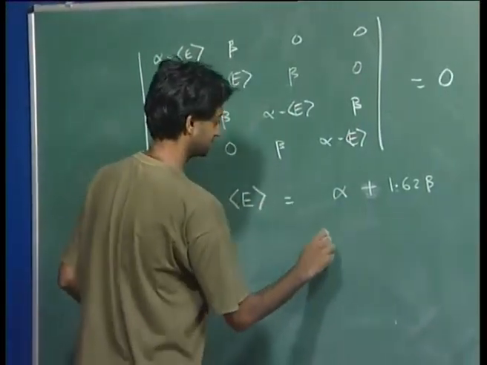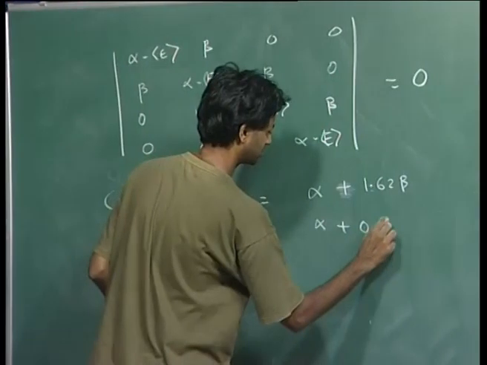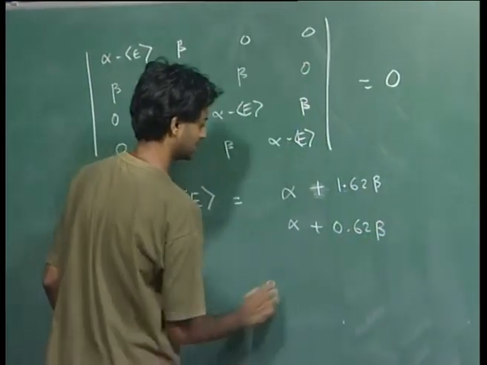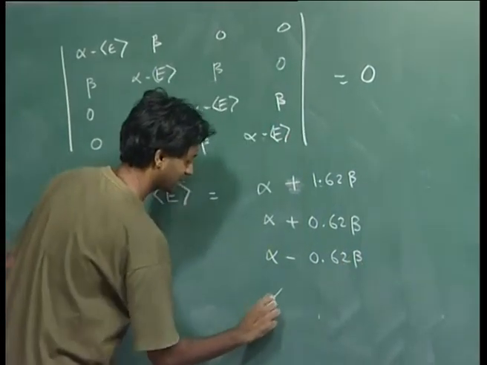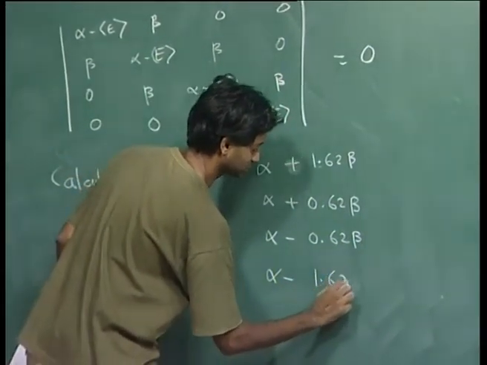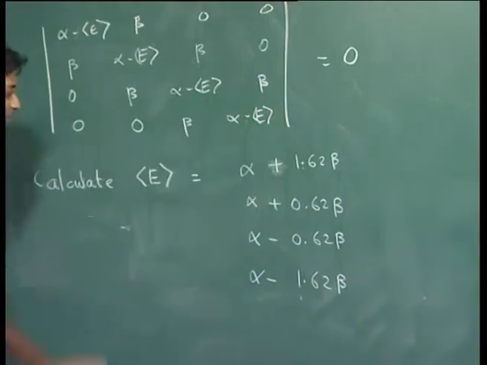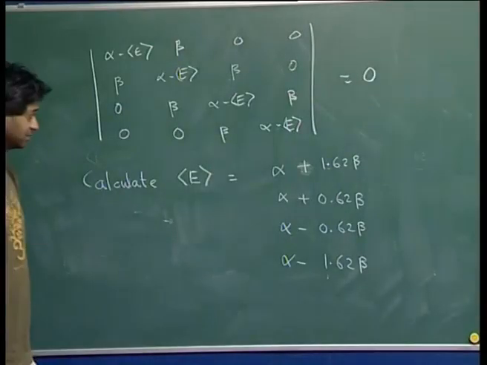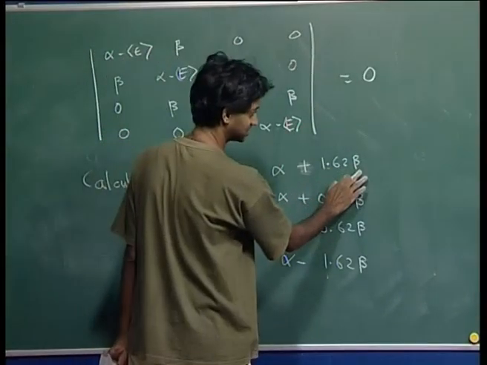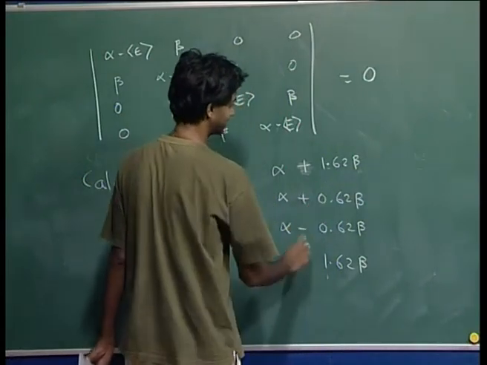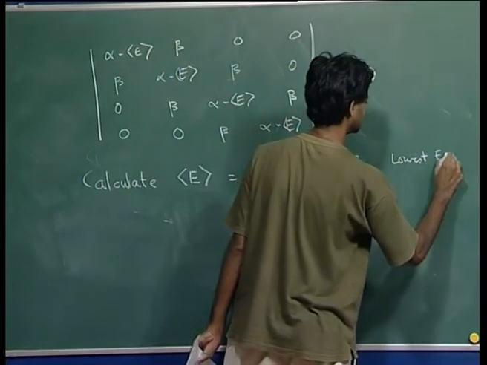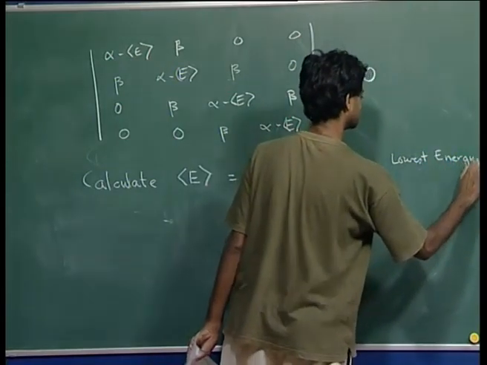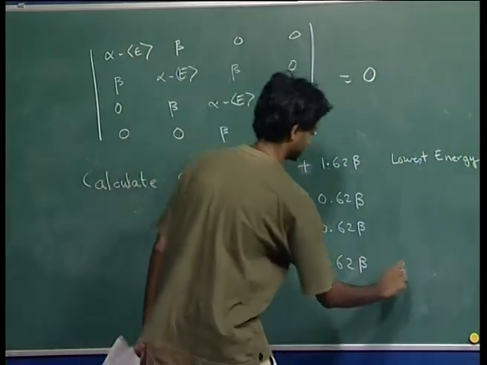The other is alpha plus 0.62 beta, alpha minus 0.62 beta, alpha minus 1.62 beta. So you get 4 values. Now it turns out that beta is negative for this system, so this is the lowest energy. And this is the highest energy.